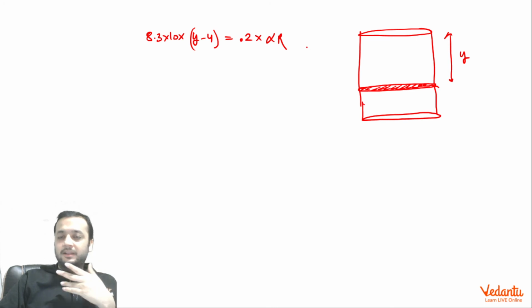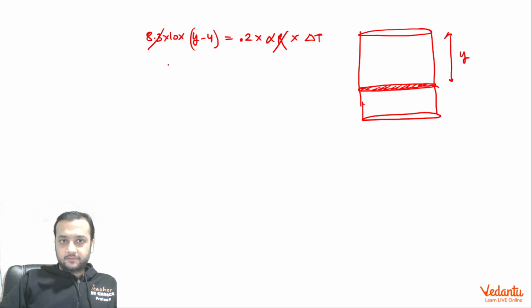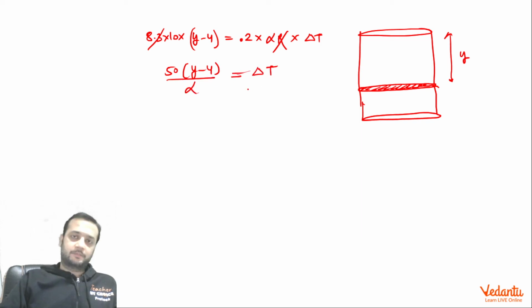For example, if it was a monatomic gas, then alpha would have been 3 by 2. If it was a diatomic gas, then alpha would have been 5 by 2, and likewise. So n CV delta T, right? R is also 8.3, so R and 8.3 cancel. So this becomes 100 upon 2, which is 50, into (y minus 4) upon alpha. This is the rise in the temperature.